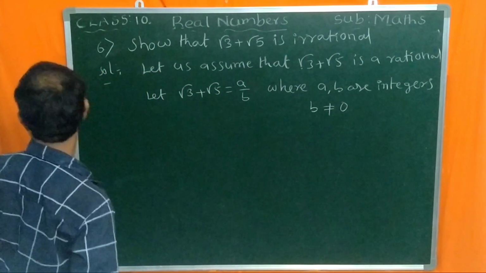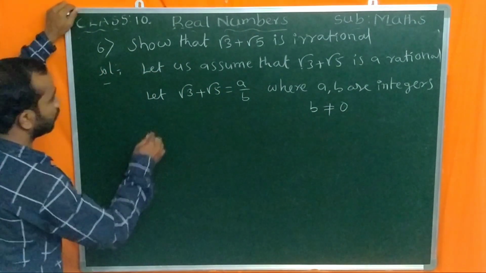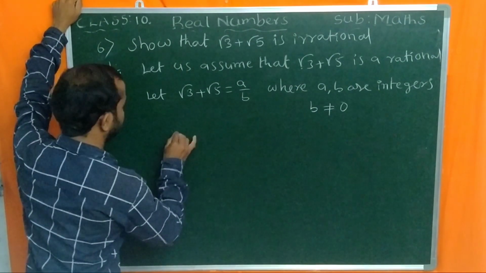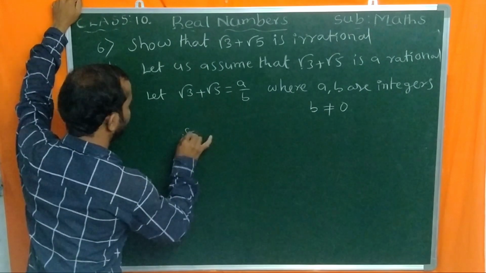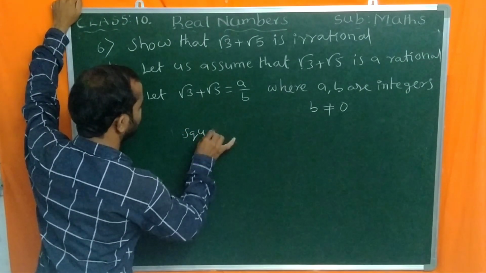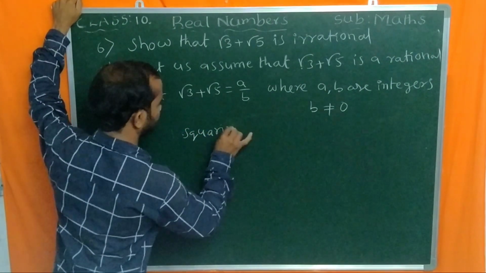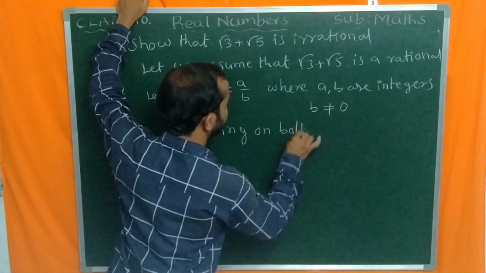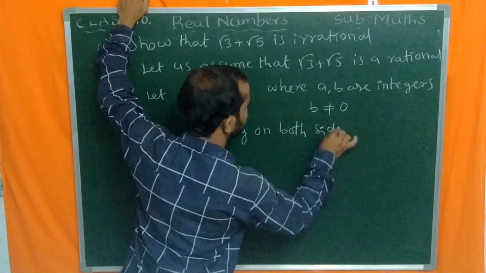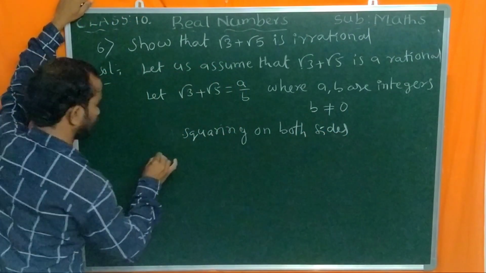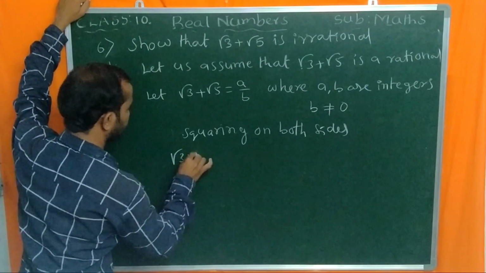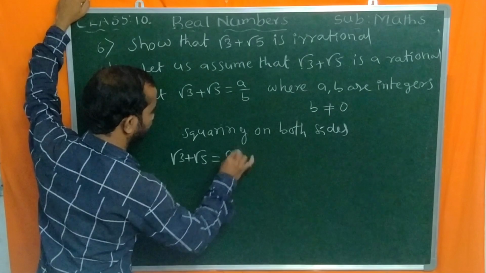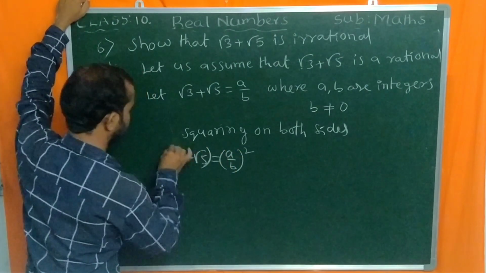Next, squaring on both sides. So root 3 plus root 5 whole square equals a by b whole square.